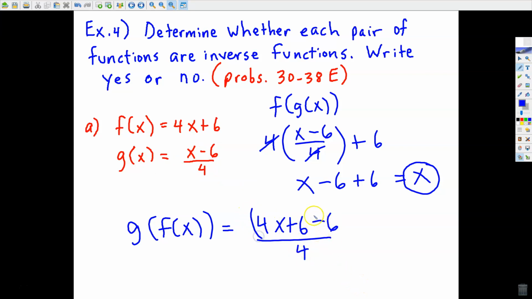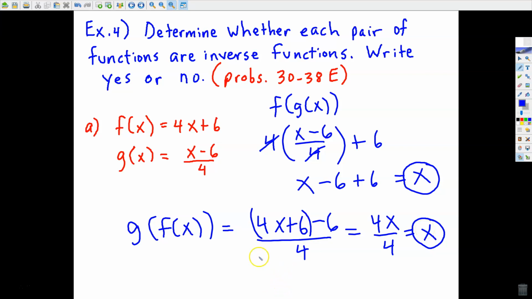So here's where I substituted for x. In the numerator, you can see how 6 minus 6 is 0. So I get 4x divided by 4. So we have proven algebraically that these two are inverses because when I did each of the composites, I got the same result, which is x.